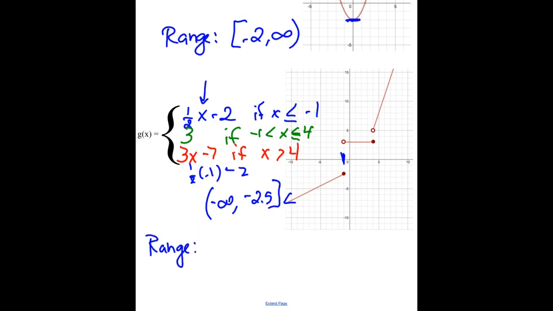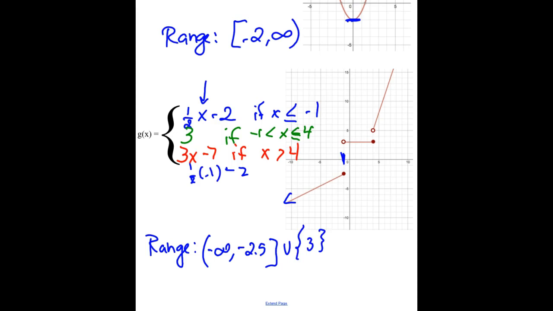Then I make a jump. I'm going to move this down here. The next value that gets used for y is a 3, where we have that horizontal chunk. It's not an interval, it's just plain 3. So I use that set bracket notation to indicate just a single value since it's not an interval.